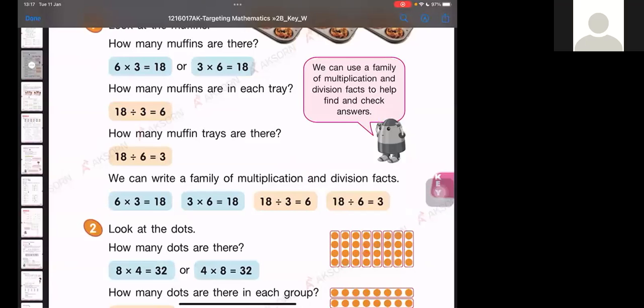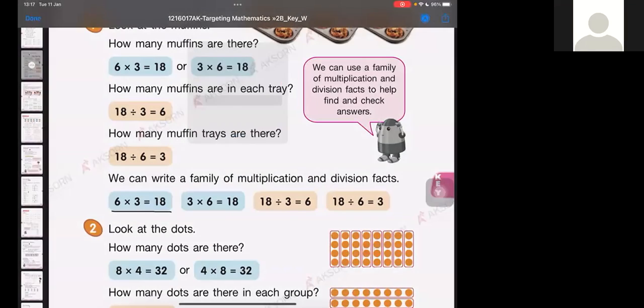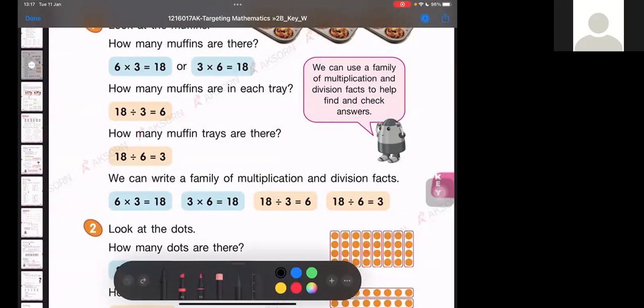Everybody, let's read. 6 times 3 equals 18. 3 times 6 equals 18. 18 divided by 3 equals 6.